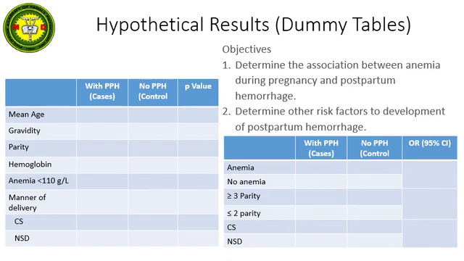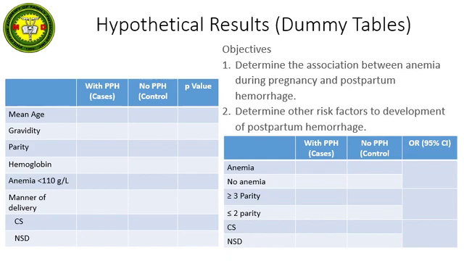To answer this association between anemia and postpartum hemorrhage, the 2x2 table, anemia, no anemia, with postpartum hemorrhage, no postpartum hemorrhage, is going to be your main dummy table. And if you have this 2x2, you'll be able to get the odds ratio and its confidence interval. We will discuss that later on.